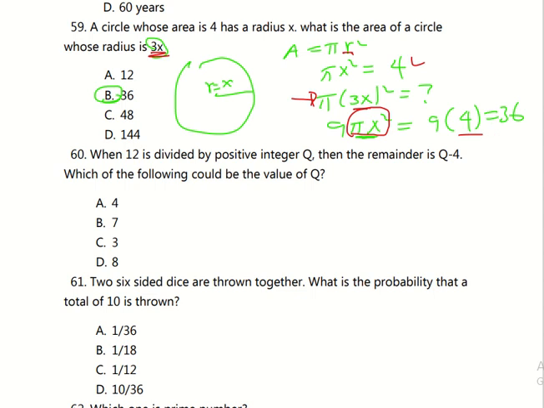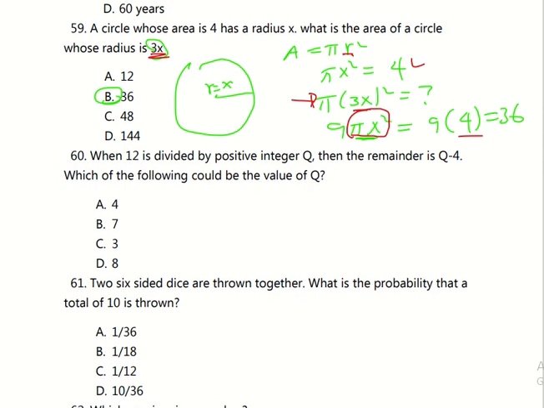When 12 is divided by a positive integer q, then the remainder will be q minus 4. Which of the following could be the value of q, it says. Okay, so we have a number 12, it's divided by a positive integer q.